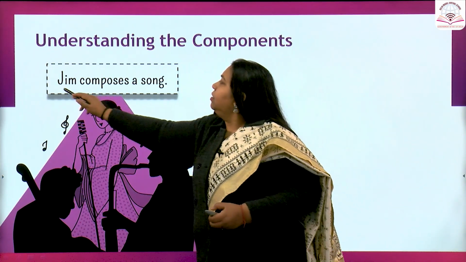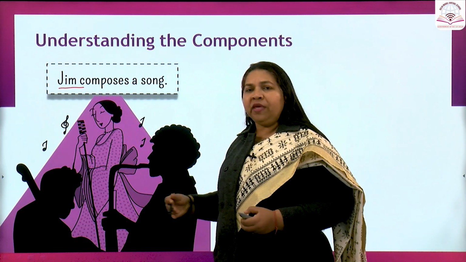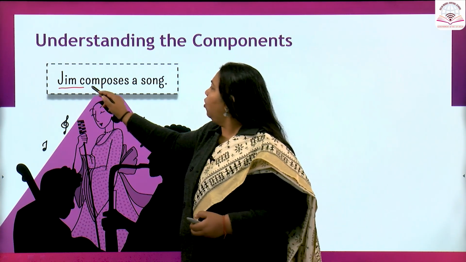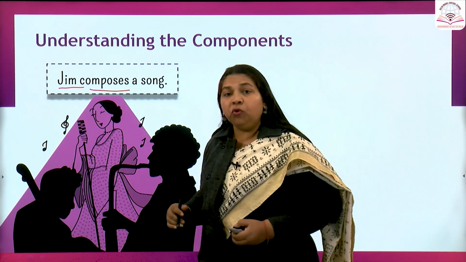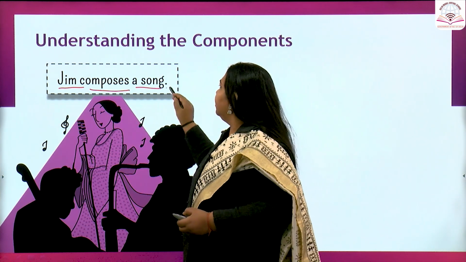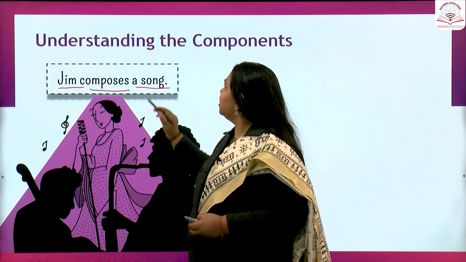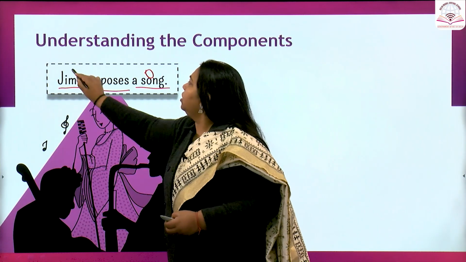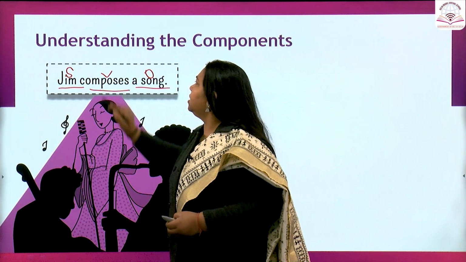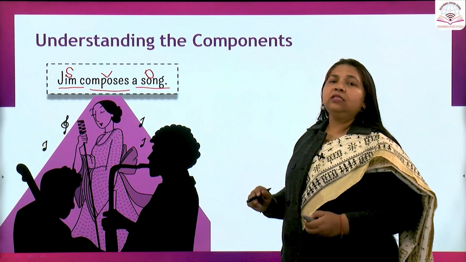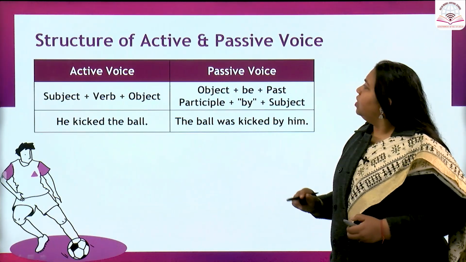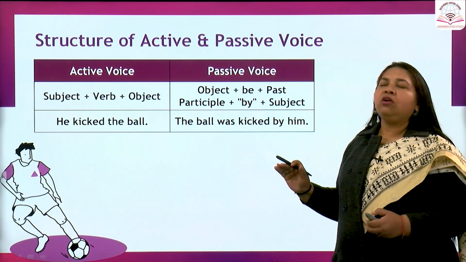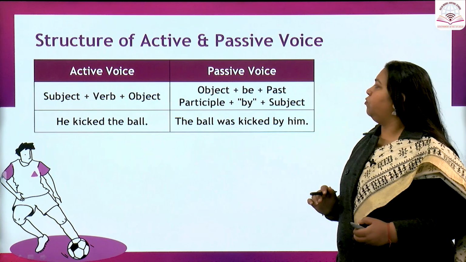Now let's see an example. Here Jim is performing the action, and what is the action? That is composes, and a song is the object. So this is subject, this is verb, and this is object. So let's see the structure of active and passive voice.